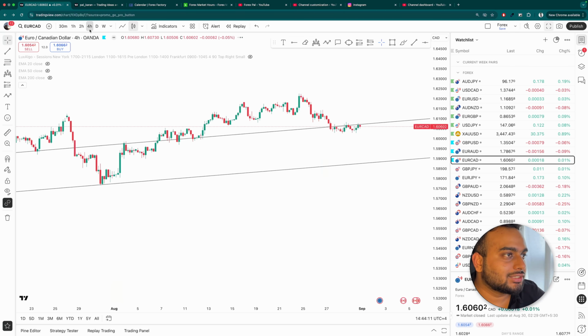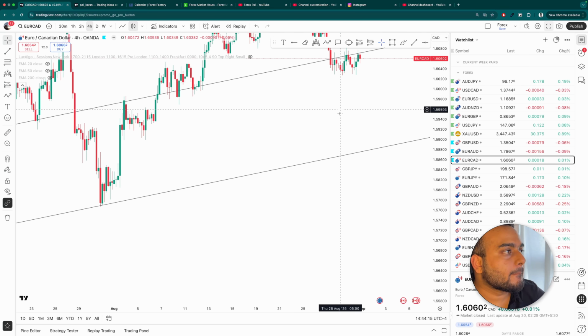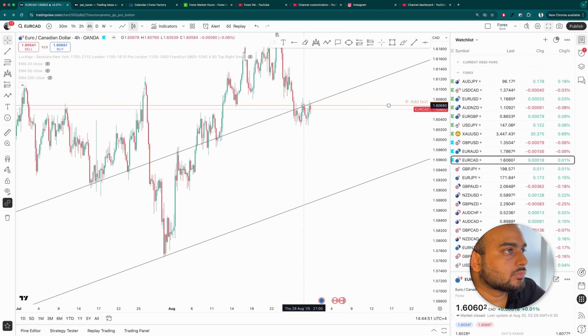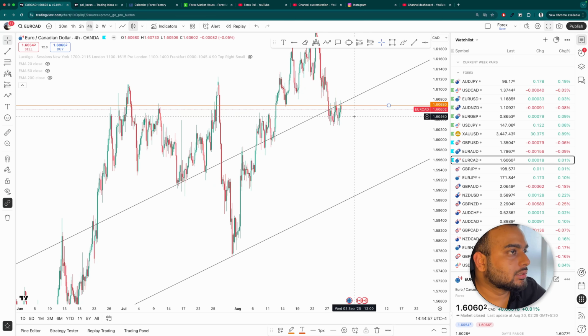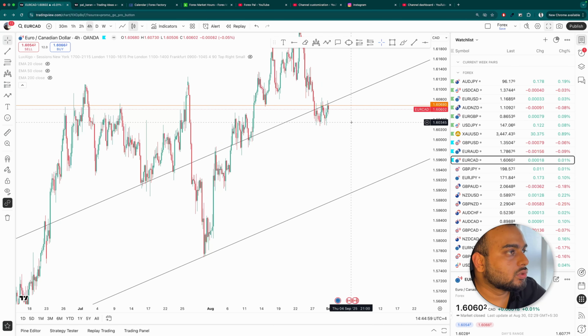Maybe we don't want to see so many rejections. We want price action to be really nice to us. So what we'd want is the price to break down from this lows.